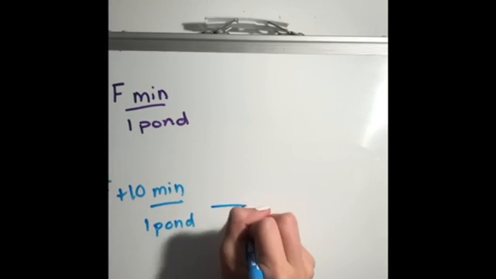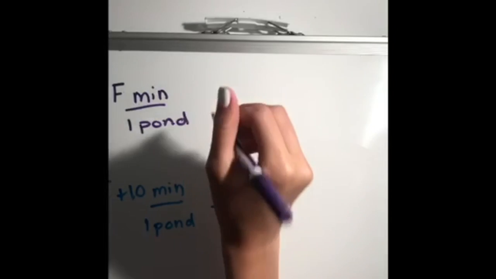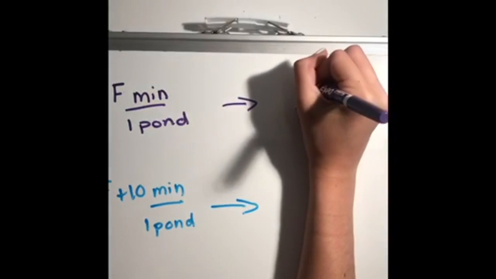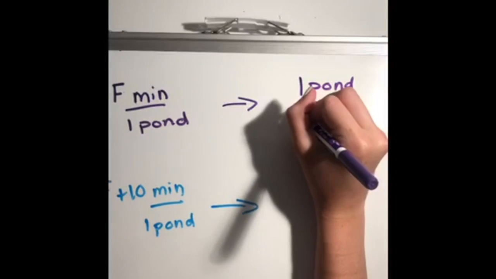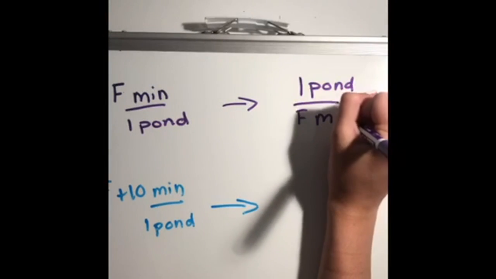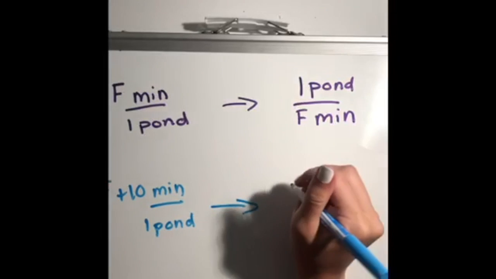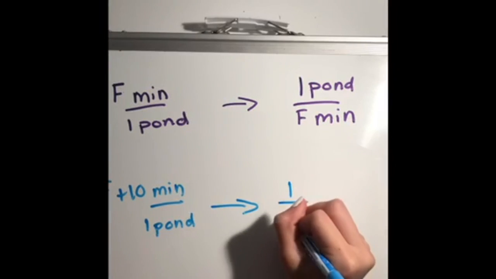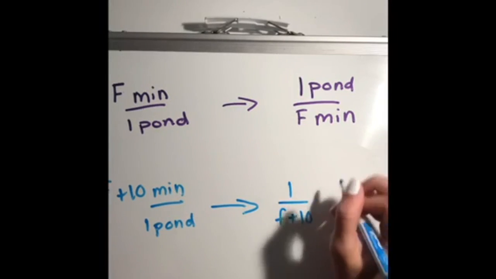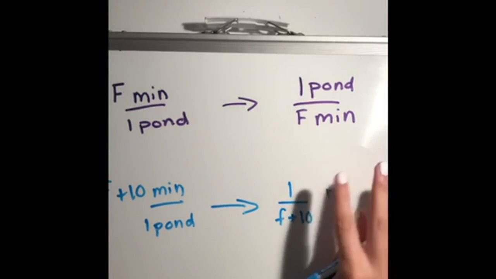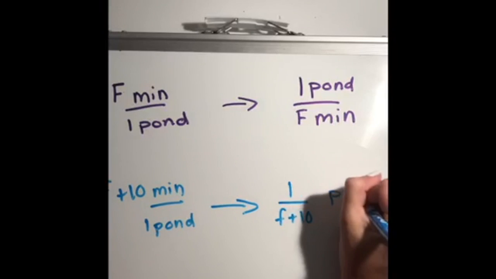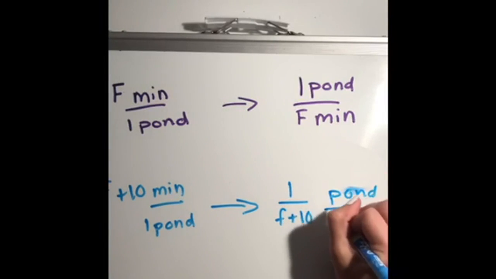So now if we put this into inverse, it will be 1 pond over f amount of minutes, and it will be 1 over f plus 10 minutes.